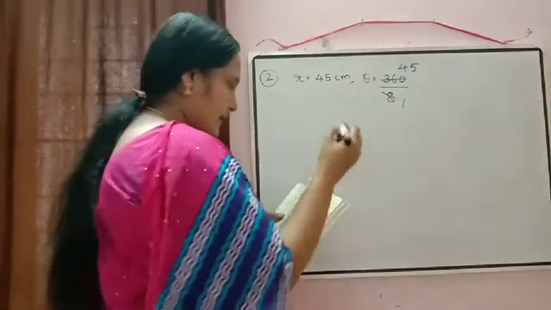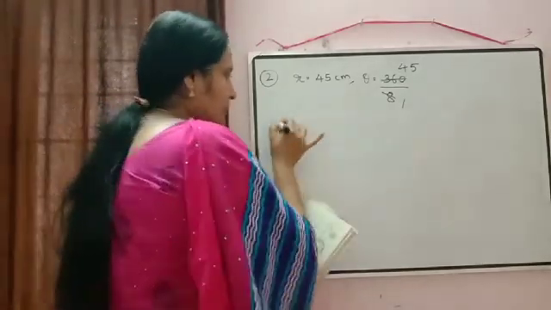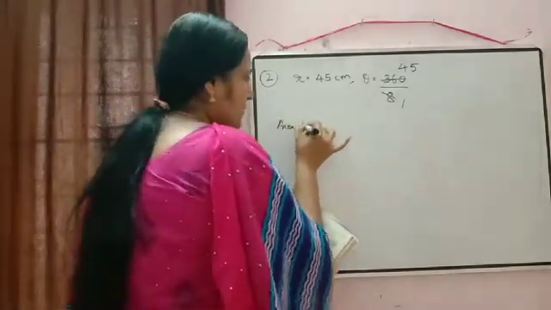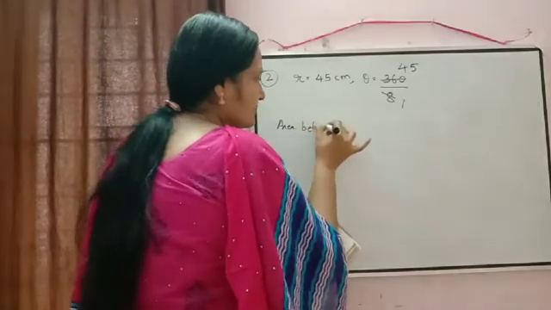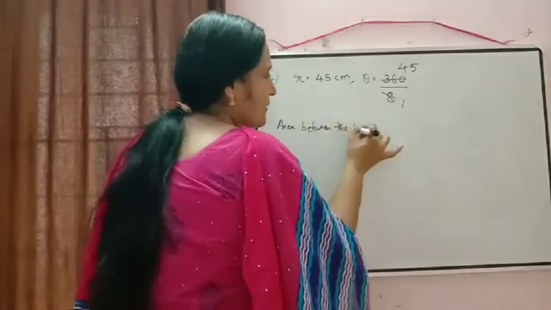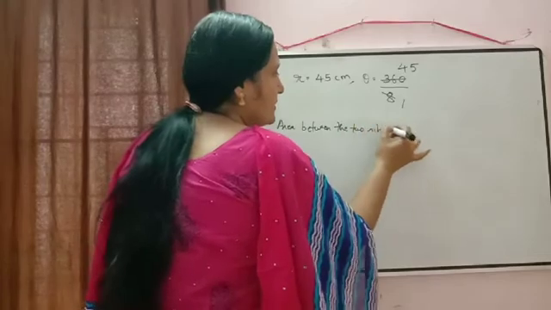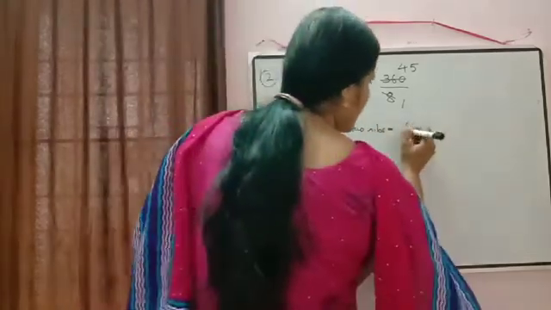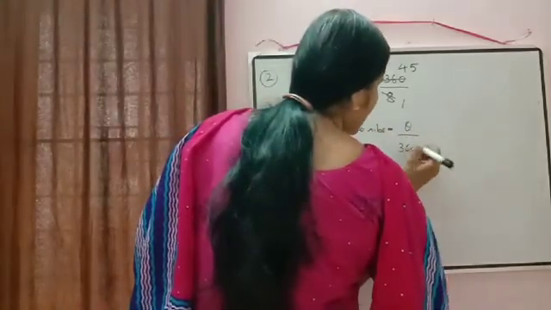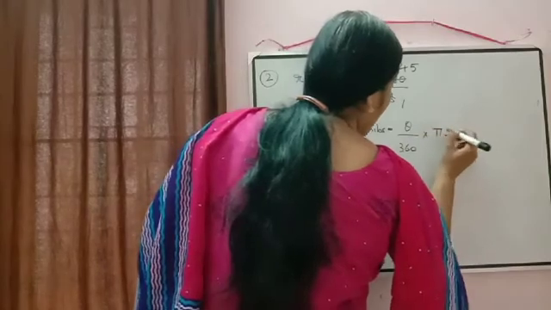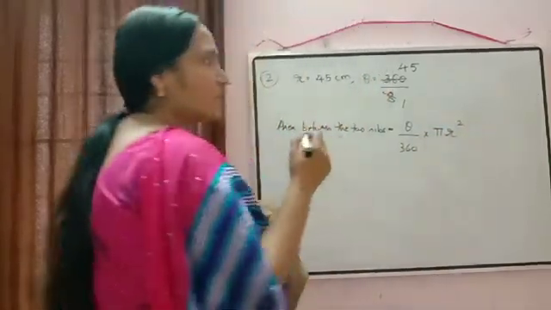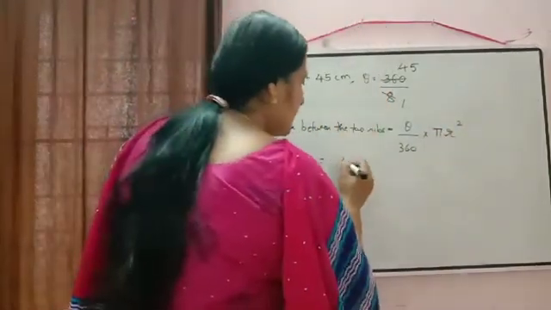Now write down there area between the two ribs. Area between the two ribs is equal to, we know the formula, that is theta by 360 into pi r square. Just to substitute the value, theta is 45.